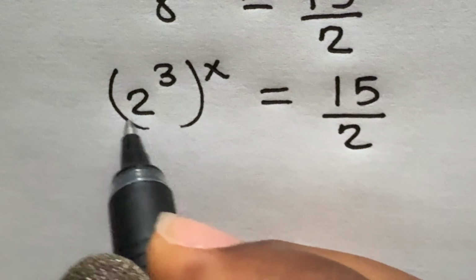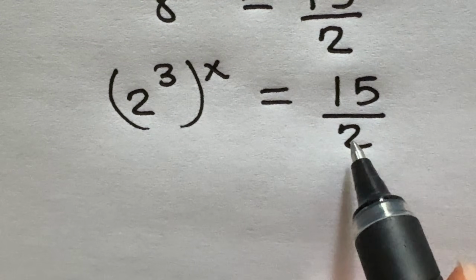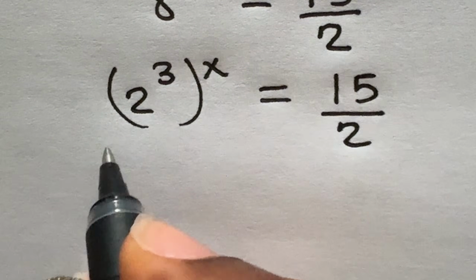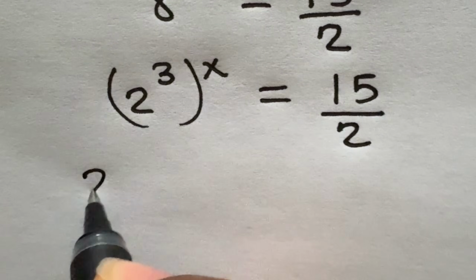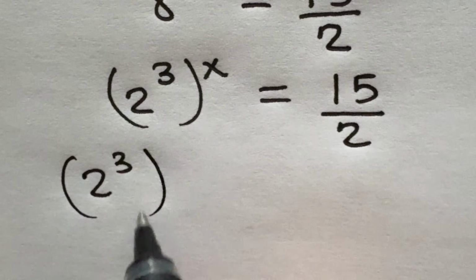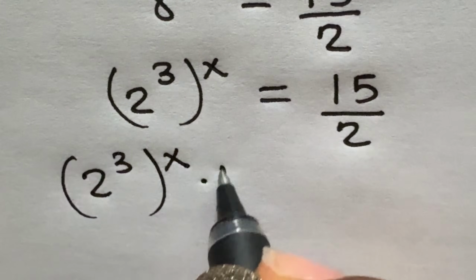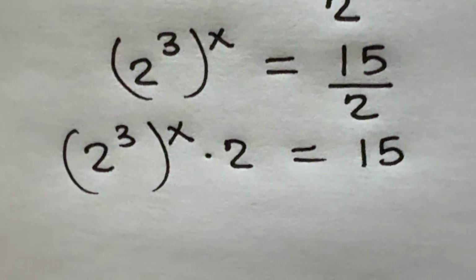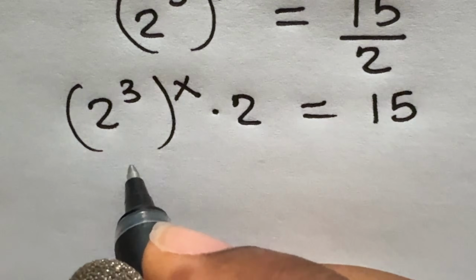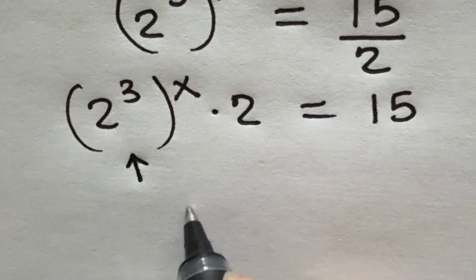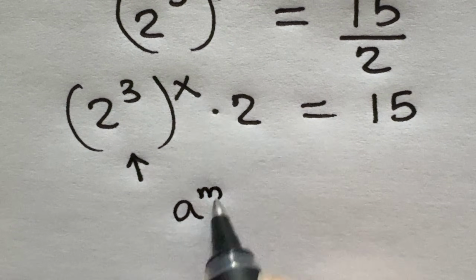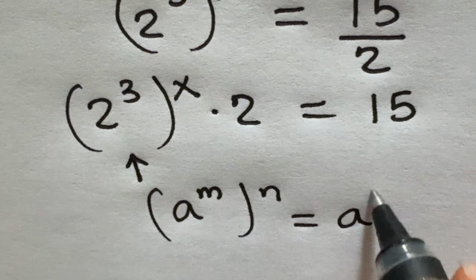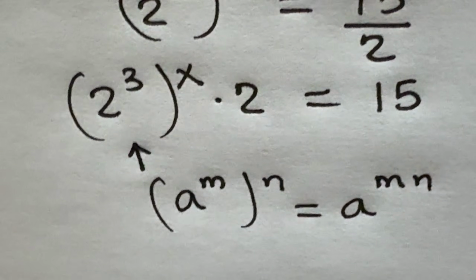Because this is in base 2 and this is 2, I'm going to multiply both sides by 2 so that I have 2 raised to power 3 raised to power x times 2 is equal to 15. By law of indices, a raised to power m raised to power n will give us a raised to power m times n.